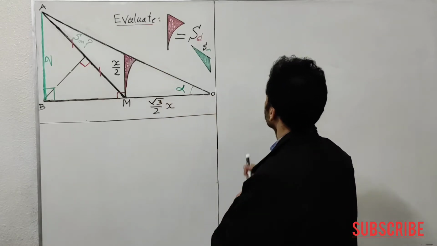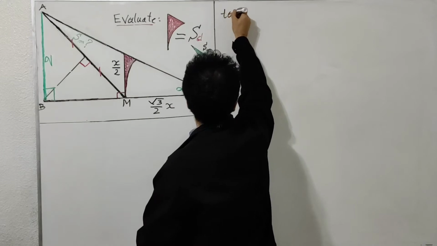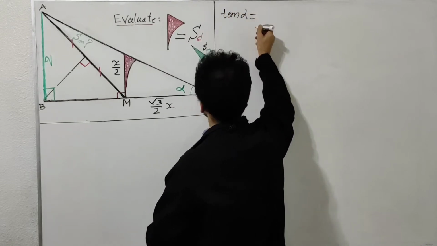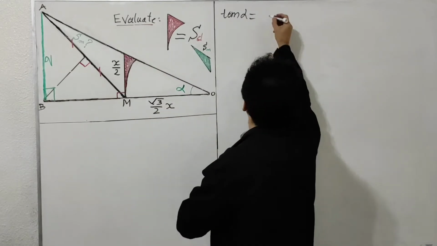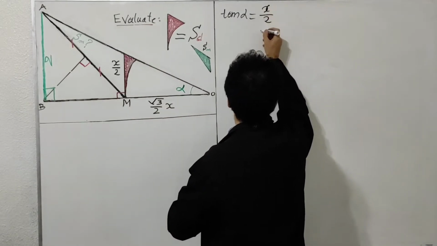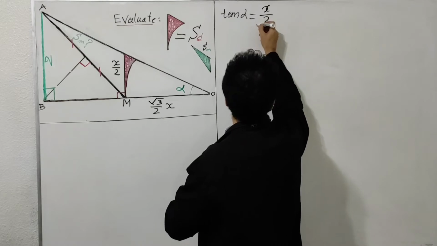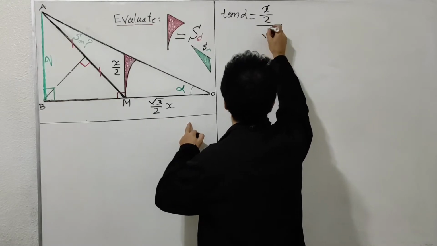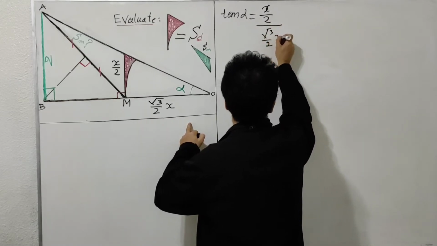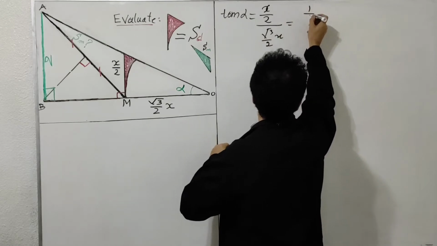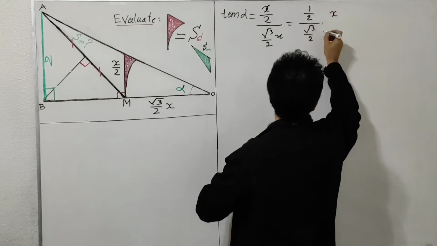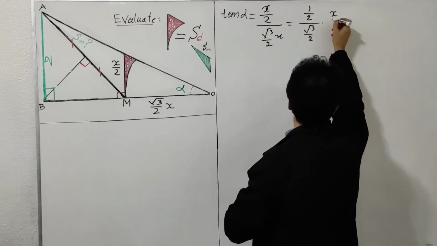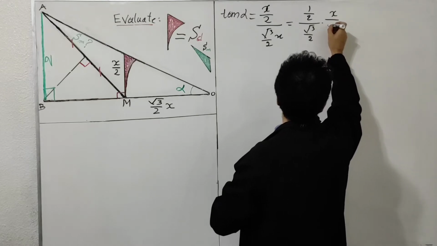Okay, so we have tangent alpha equal to opposite divided by adjacent, which is x over 2, divided by square root of 3 over 2 x. So I'm going to put this as it is, 1 over 2 divided by square root of 3 over 2.